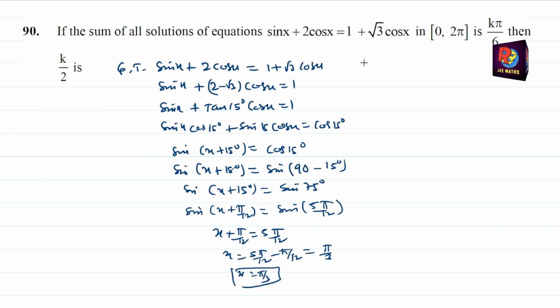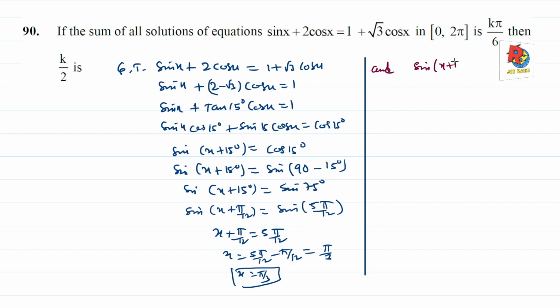Next, the second case is also possible. Sine is positive, and sin(x plus π by 12) is also equal to sin(π minus 5π by 12).